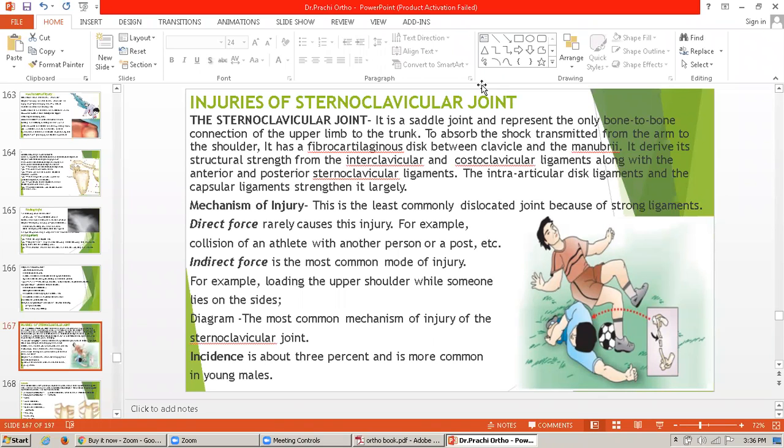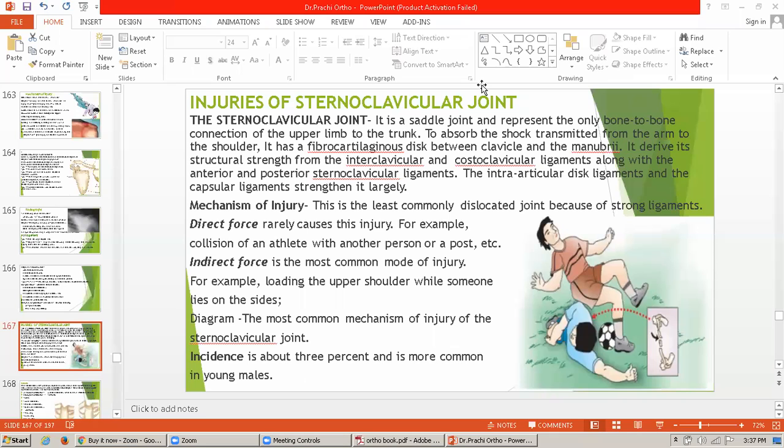Here a direct force can cause these injuries, for example, when there is a collision of an athlete with another person or a post, etc. Indirect force is the most common mode of injury, for example, loading the upper shoulder while someone lies on the side.